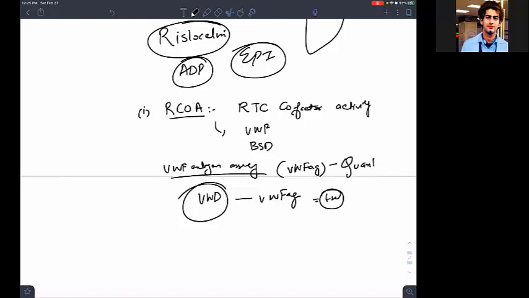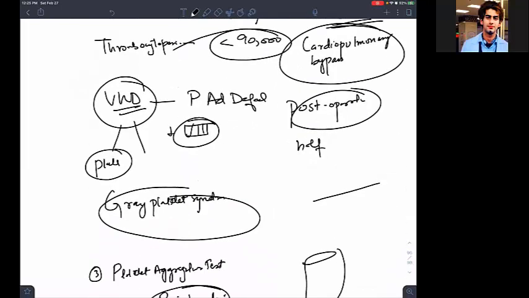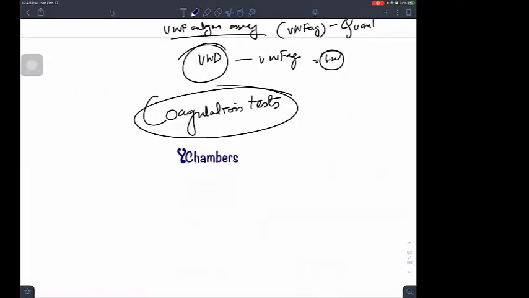So this portion we have finished: the platelet tests, the platelet bleeding time, the platelet aggregation tests, the von Willebrand factor. Let us start with some coagulation tests.